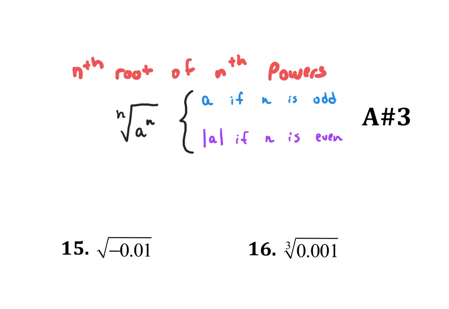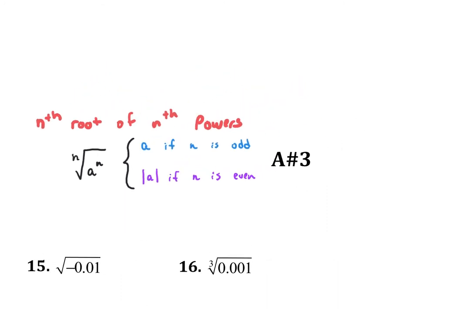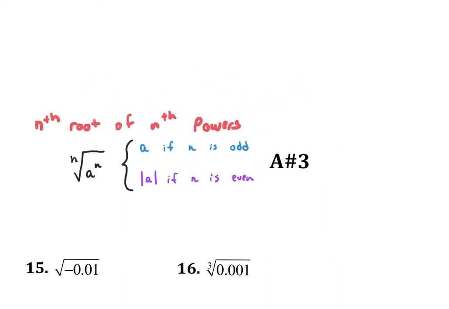However, the caveat is this. We can easily just cancel those out whenever the n part is odd, like a 3 or a 5. For example, the cube root of 4 cubed: those drop out, and you're left with just 4.